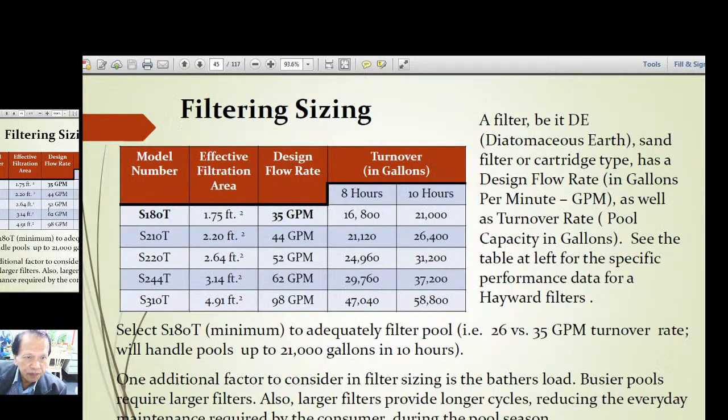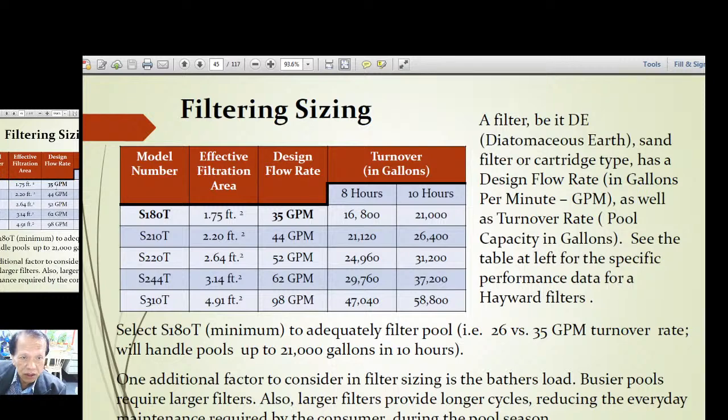Now here, filtering size, model S180T, S210T, and so on and so forth, and the effective filtration area is 1.75 square foot, 2.2 square foot, 2.6, and so on. And here the design flow rate is 35 GPM. I think this one is more than enough for our requirement, which is 26 GPM.